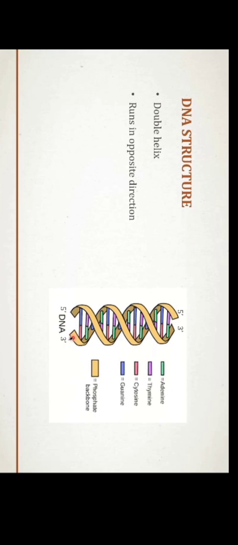If we zoom in, we will see the chemical composition of your DNA. This is the phosphate group and the deoxyribose sugar, which serve as the backbone of DNA. Again, class, DNA's backbone is composed of the phosphate group and the deoxyribose sugar.